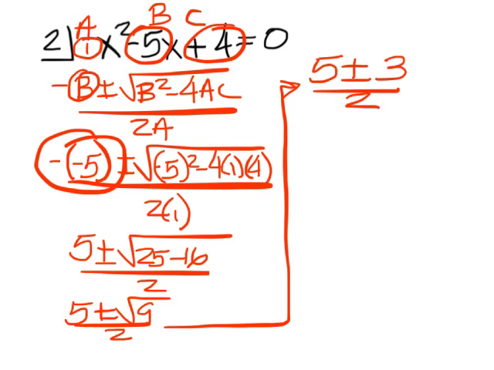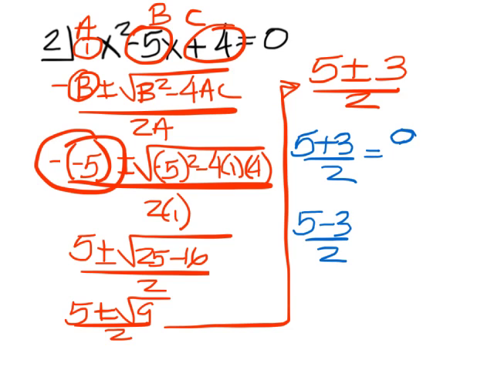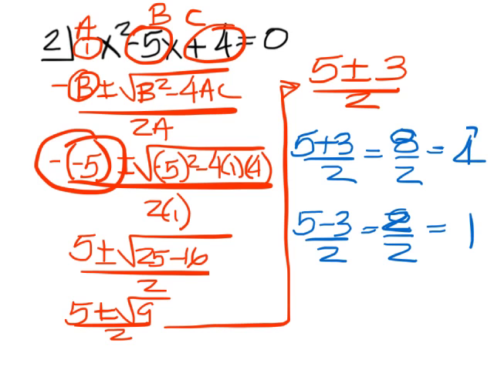So now you have two problems to do. 5 plus 3 over 2 and 5 minus 3 over 2. That's 8 over 2 and 2 over 2, which is 4 and 1.